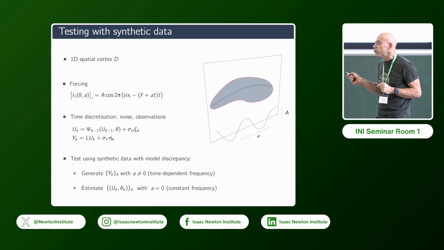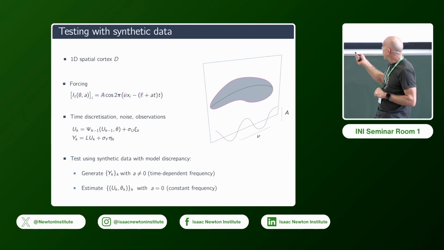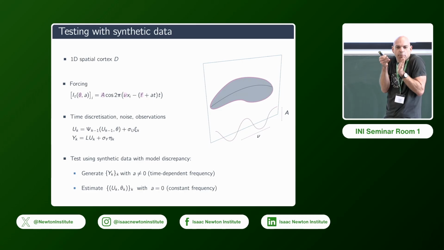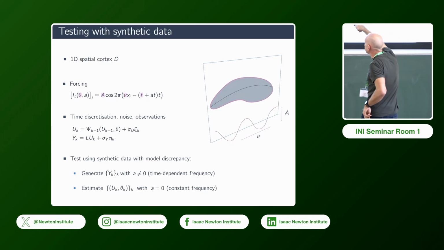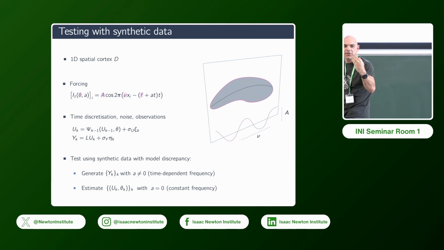So what Khadija wants to do is create a situation whereby the data is generated by a model, and the model that we use for inference is only part of it. And this manifests itself through this little parameter a. So the data generated by Khadija has a frequency that accelerates over time. But the filter assumes that this frequency is constant. We want to mimic epistemic uncertainty, the uncertainty in our model when we do that.